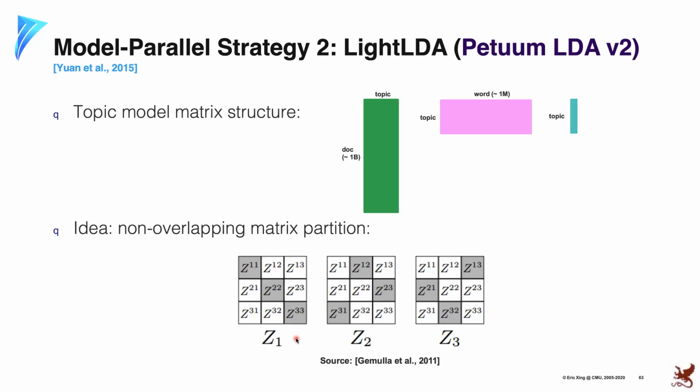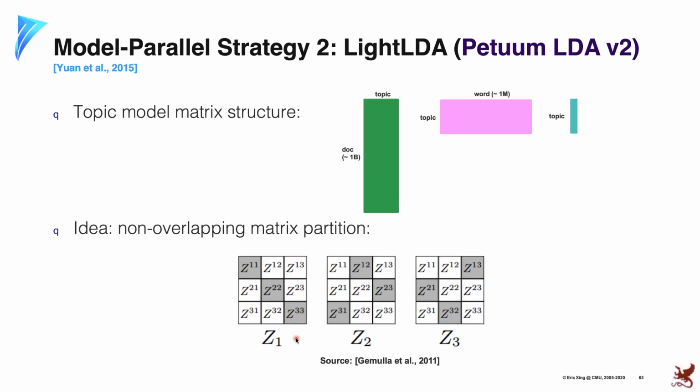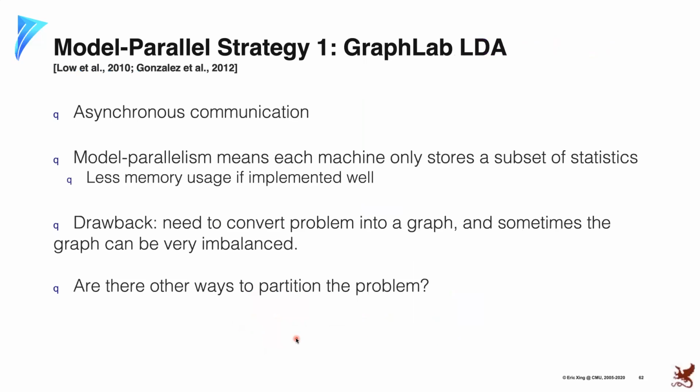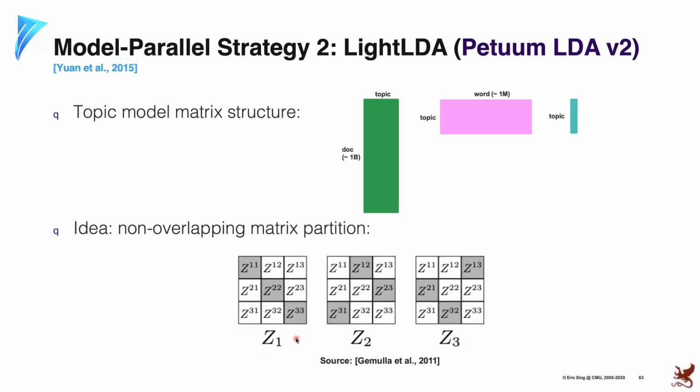The key difference from GraphLab LDA is the way they do the partition. GraphLab LDA forms it as a graph partition problem, but for LightLDA, if you want to select such Z11, Z22, Z33, you only need to put certain constraints on the indices, and then you can do it very conveniently.